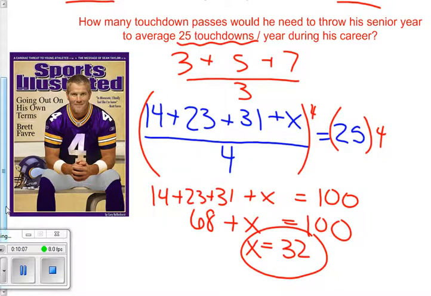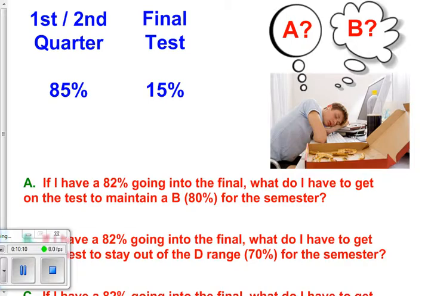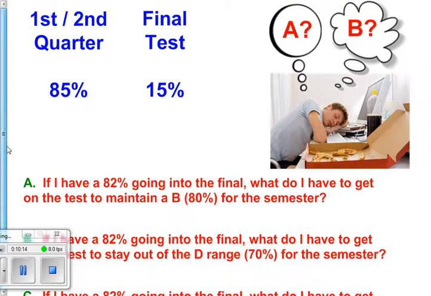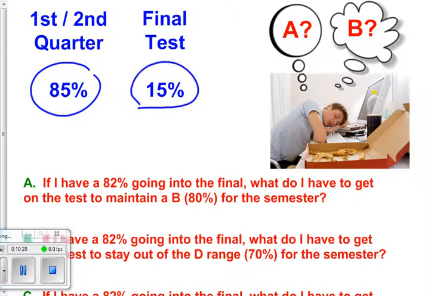Okay. Another type of problem. You're in a class, and your grade in that class consists of 85% of what you did throughout the quarter, and then the other 15% depends on your final test score.